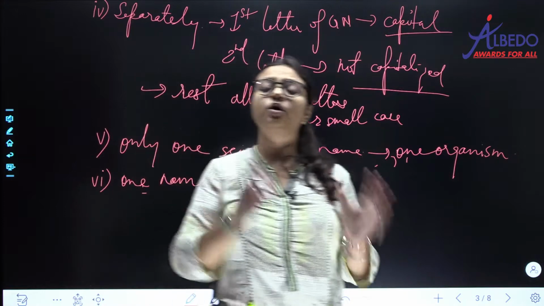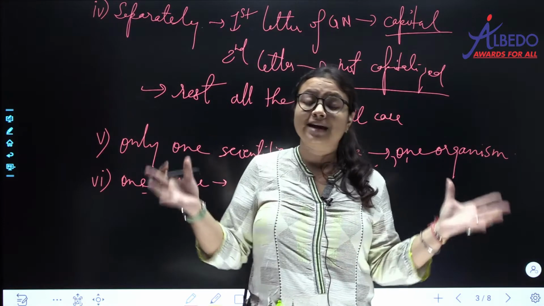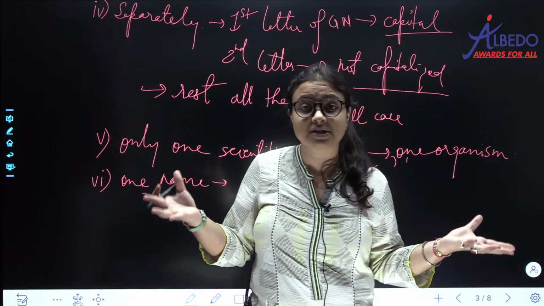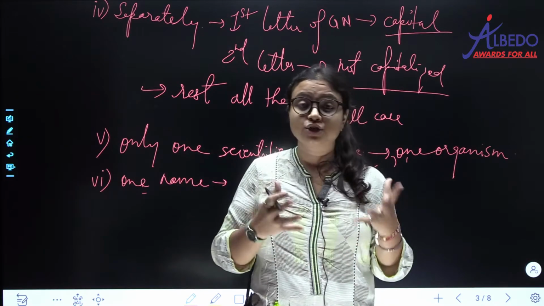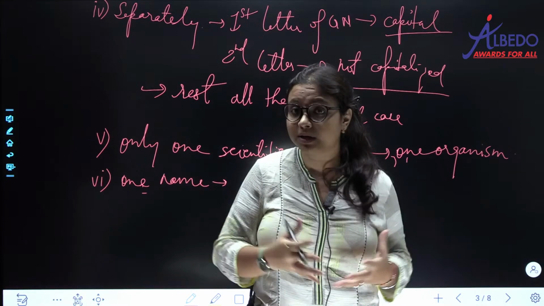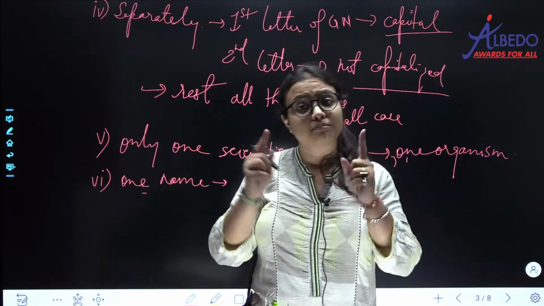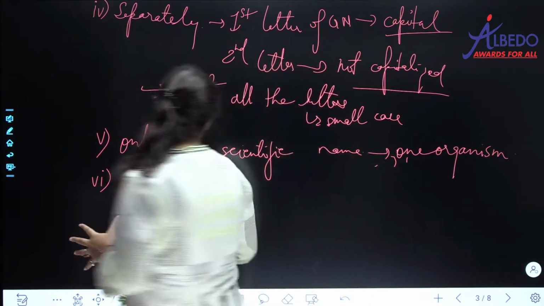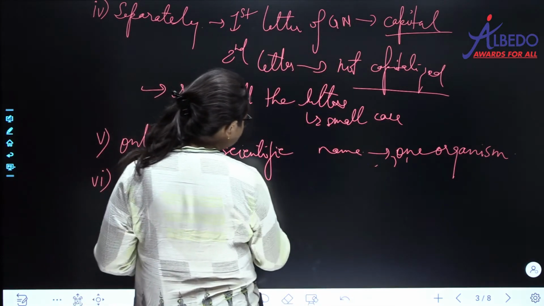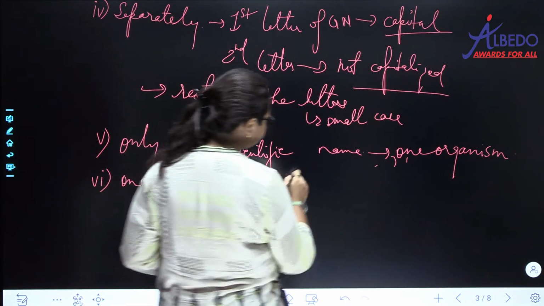It should not happen that one name can denote two types of species. For example, my name is Rashi, and there may be many Rashis in the world, but it should not be like that in scientific nomenclature. The name we are referring to must refer to only one organism. So one name must be there for only one organism.